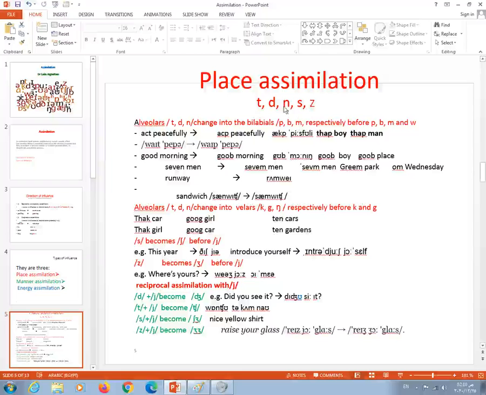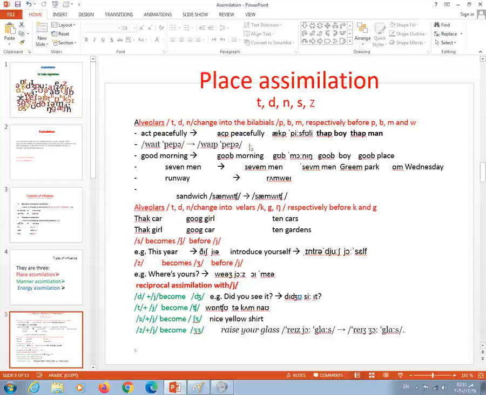We pronounce them by having the tip of the tongue touching or very close to the alveolar ridge. So here t, d, n, s, z. Okay, so these are the 5 consonants which will change, which will assimilate to the following consonants. هم دول اللي هيتغيروا الأصوات اللي بعدهم.